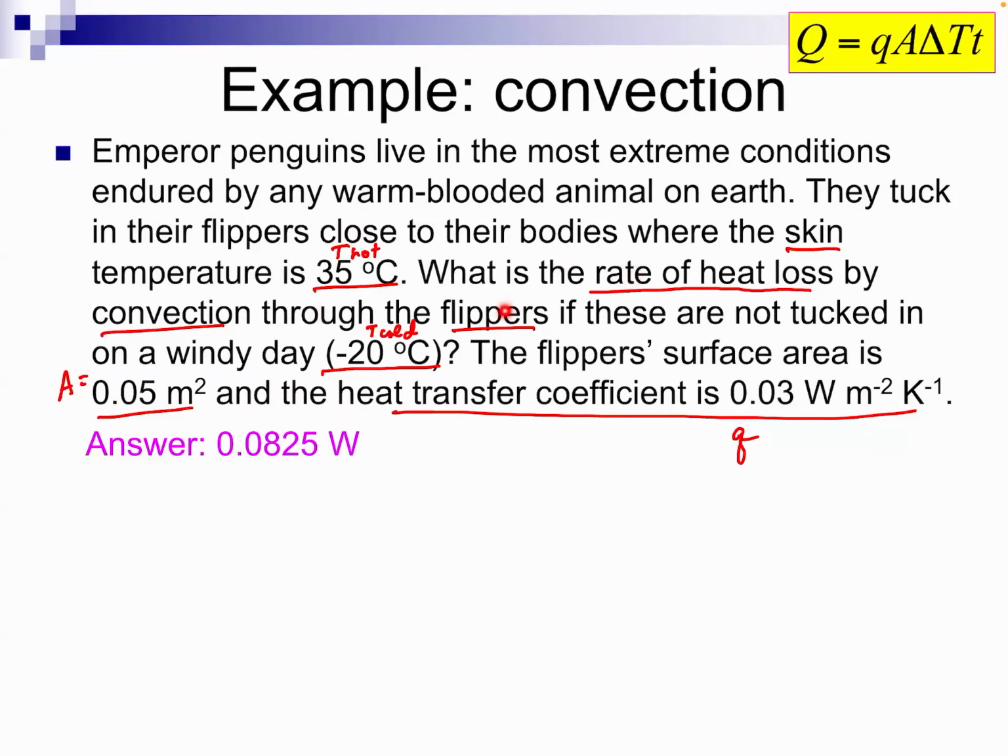So you'll notice that we were not given any time value. And that's okay, that's fine, because we don't really need time. What we want to calculate is the rate, or Q over t. So we really don't need a specific time over which we want to find the amount of heat transferred. Rather, we want to find the rate, how much heat is transferred per unit time.